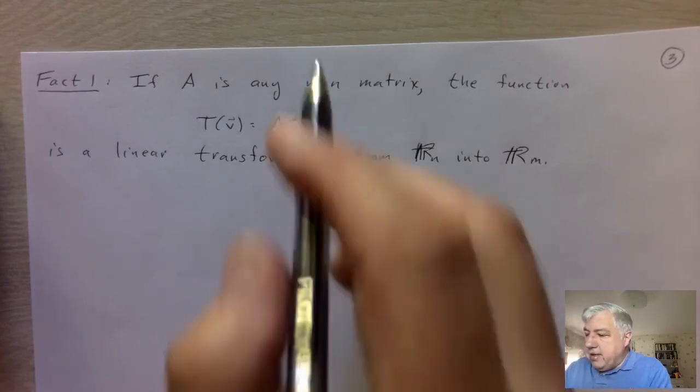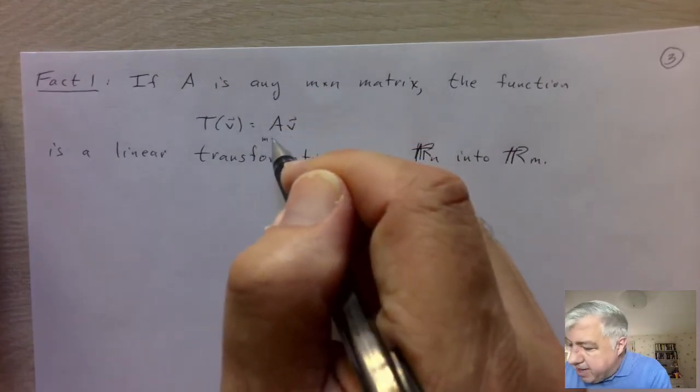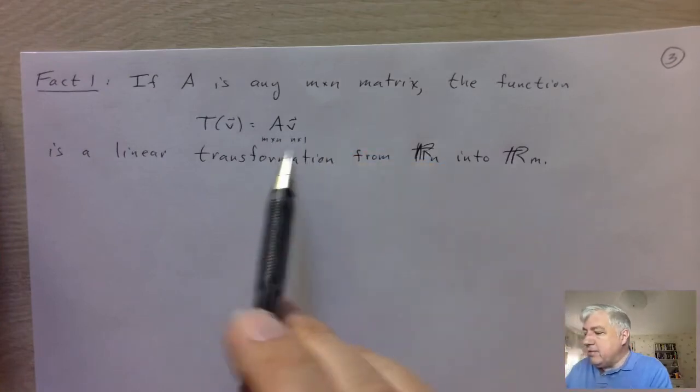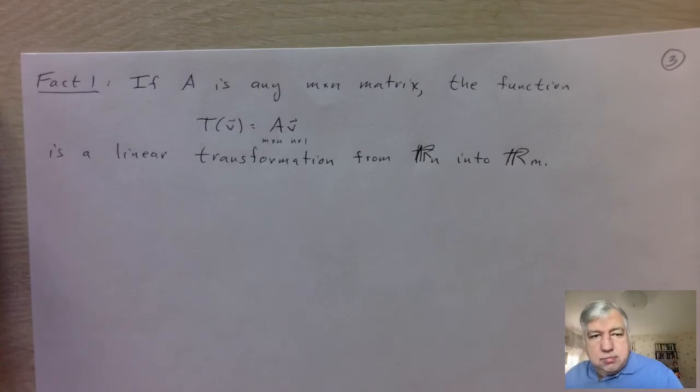Notice that if A is an m by n matrix and V is a column vector, it's n by 1. So the result is going to have m rows and 1 column, so it'll be in Rm.